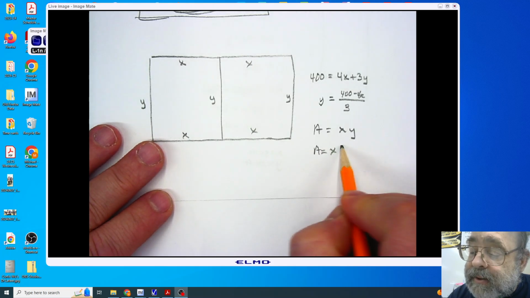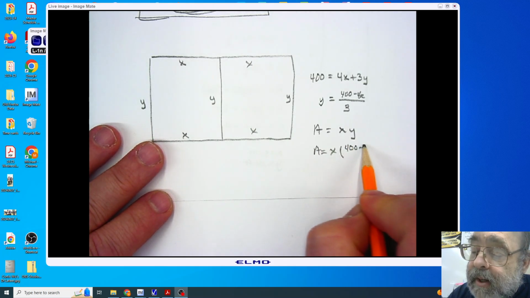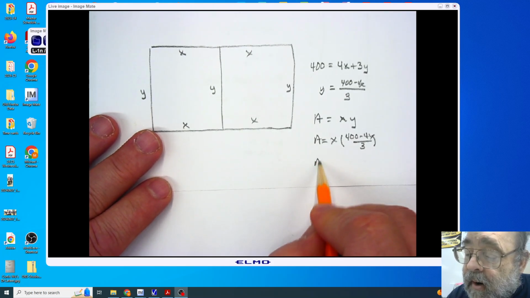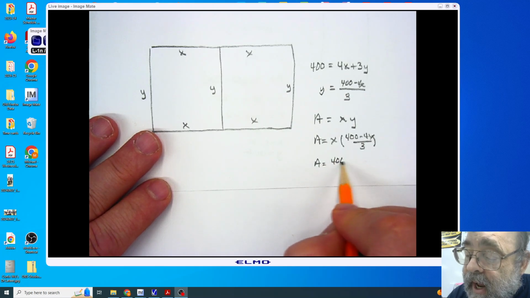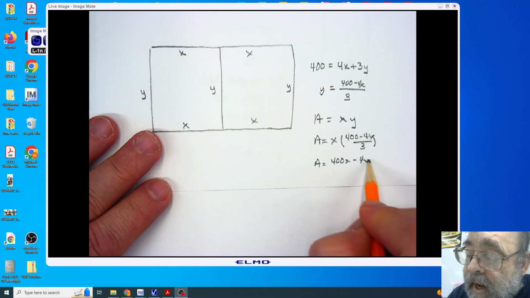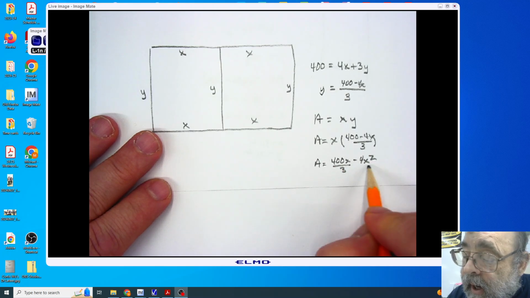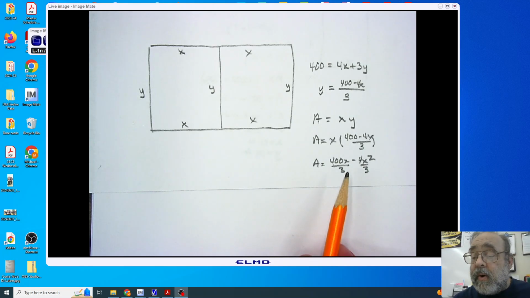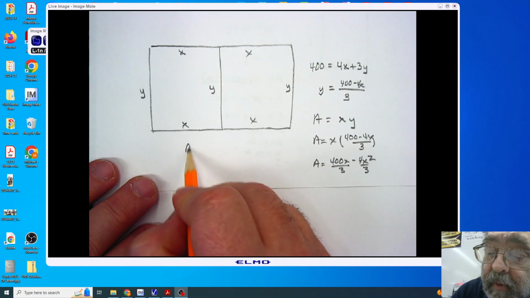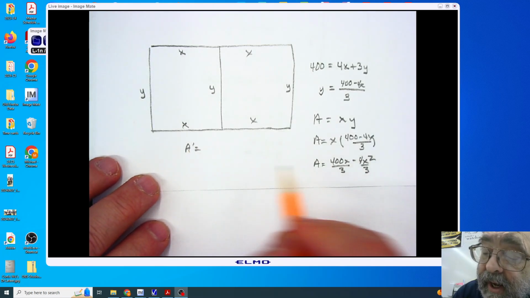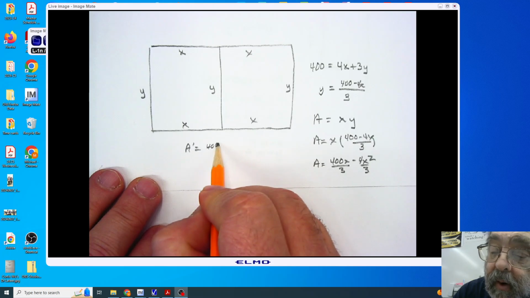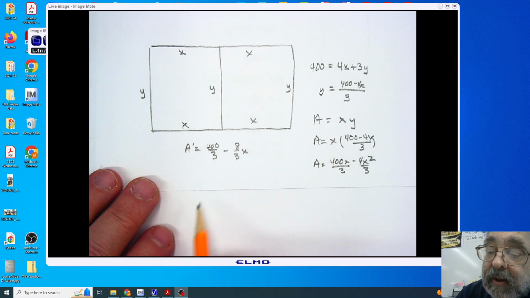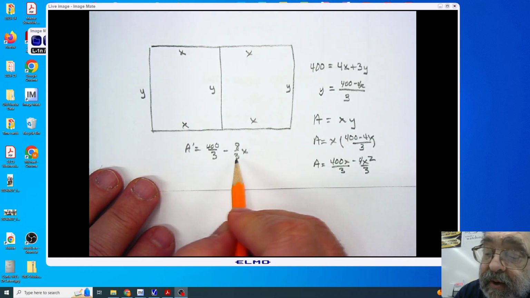Area equals x times 400 minus 4x divided by 3, which is going to give me area equals 400x minus 4x squared, and it's over 3. Now you'll notice this over 3 means that my derivative, A prime, can now be found as 400 over 3 minus 8/3 x. And this is what I'm going to solve for 0.